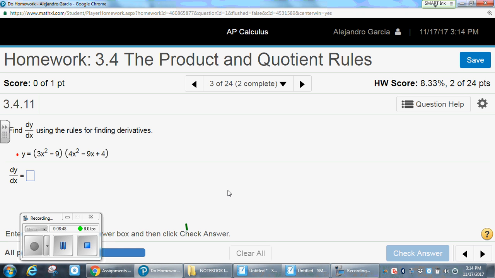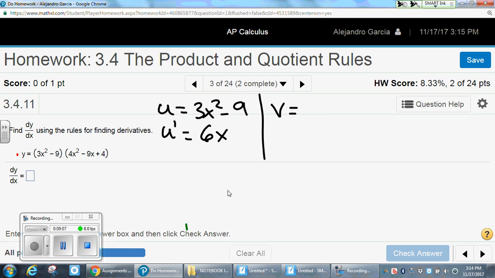Okay, next one. We're going to do the same thing. So in this case, u is going to be 3x squared minus 9. U prime is going to be 6x. That's it. V is going to be 4x squared minus 9x plus 4.